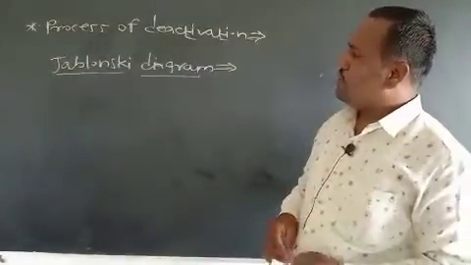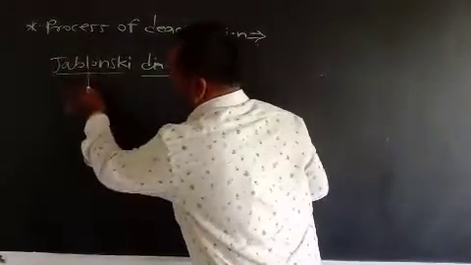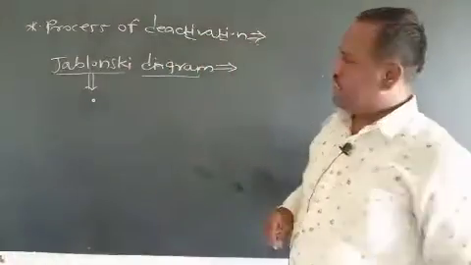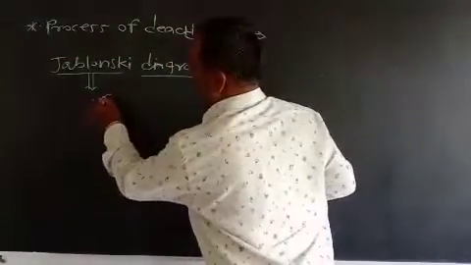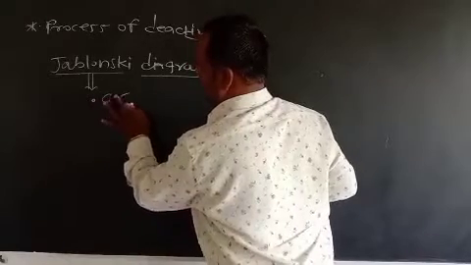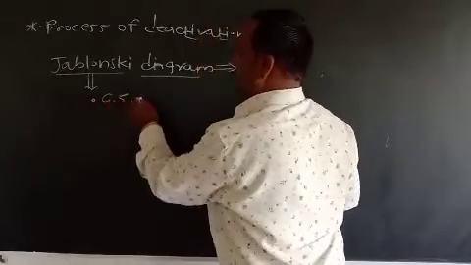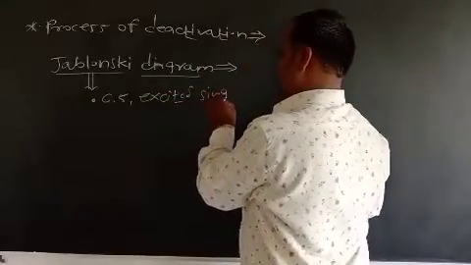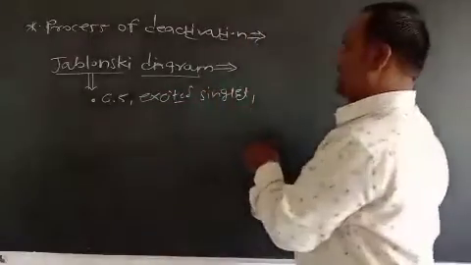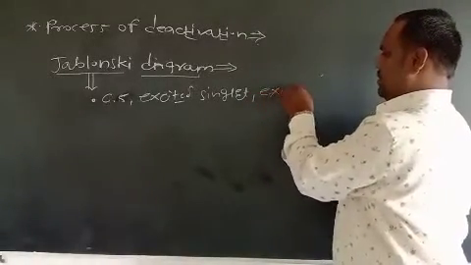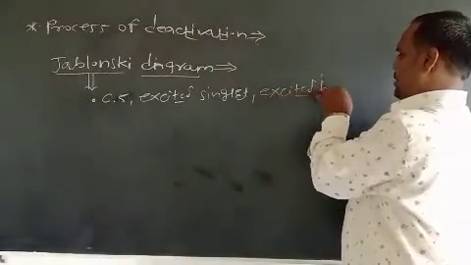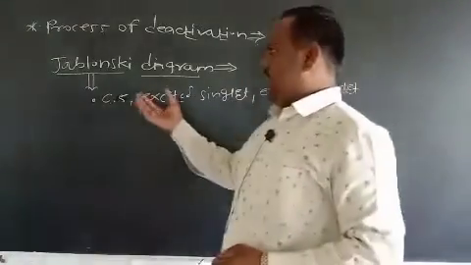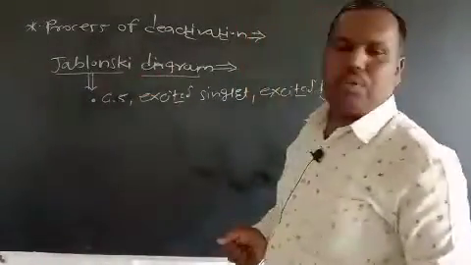In this Jablonski diagram, the important points are that it includes the ground state, excited singlet state and excited triplet state. This Jablonski diagram is useful to understand the process of deactivation.